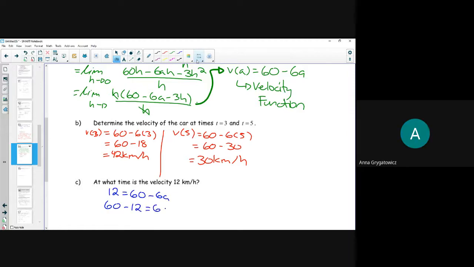And then to cancel out the 6, first I subtracted the 60 from the 12, and then I got 48, and then I divided 48 by 6 to get 8. Okay, perfect. So our a value is going to be 8, which means the velocity is 12 kilometers per hour at 8 hours, because remember, time is in hours.